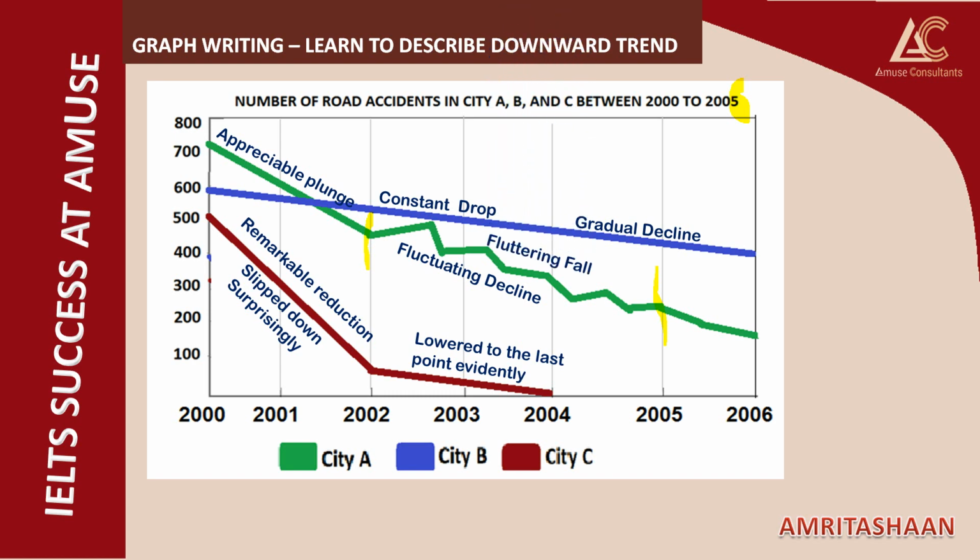A fluctuating trend can also be called a fluttering fall. It is fluttering, it is going in a zigzag movement. So there was a fluttering fall between this time and this time in city A.